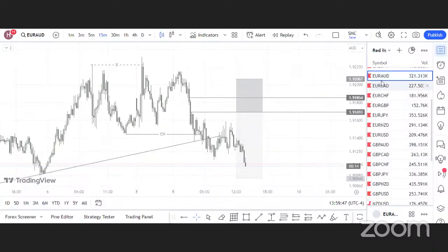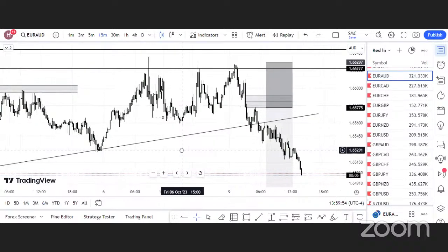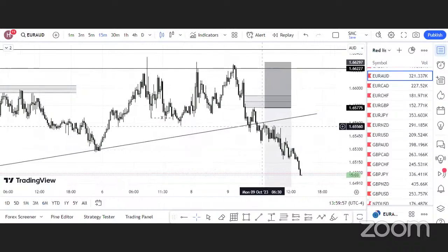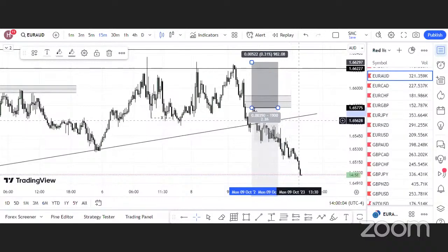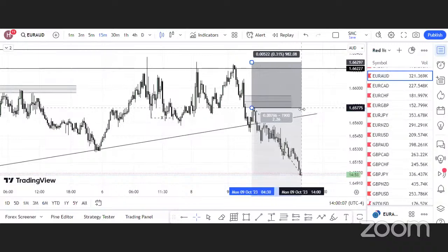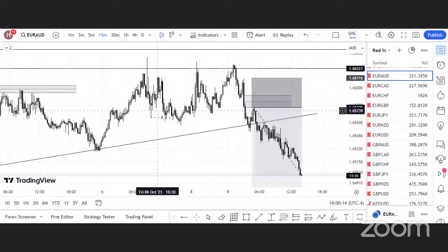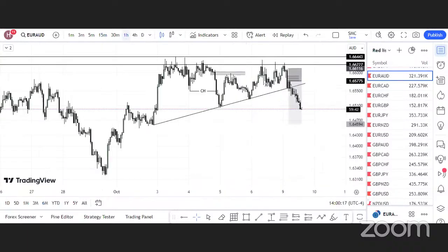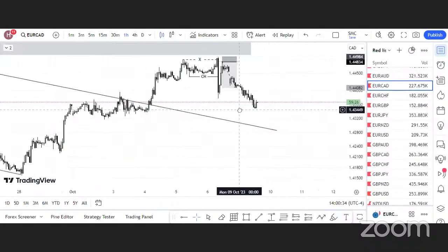So guys, let's do this. Okay. So here we have Euro card.